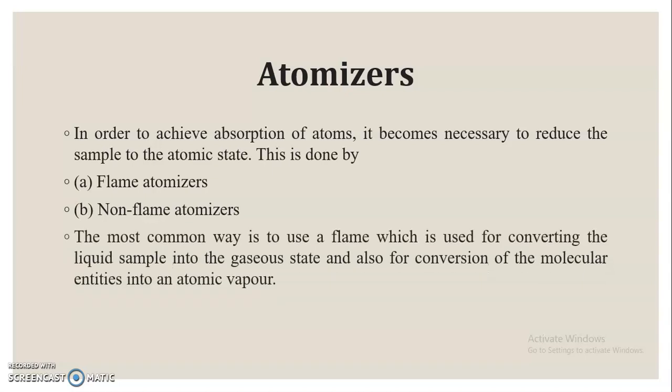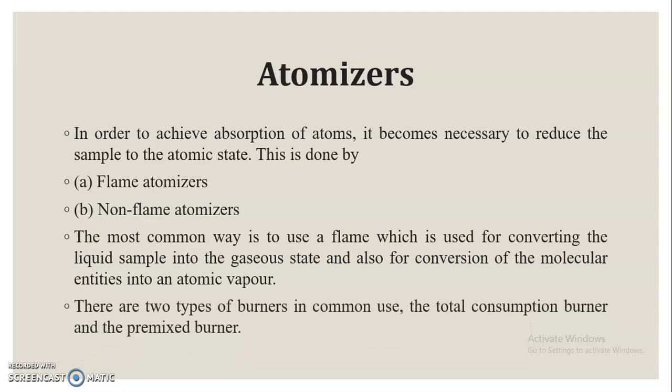The most common way is to use a flame, which is used for converting the liquid sample into the gaseous state, and also for the conversion of molecular entities into atomic vapor. There are two types of flame atomizers that are commonly used: the total consumption burner and the premixed burner.